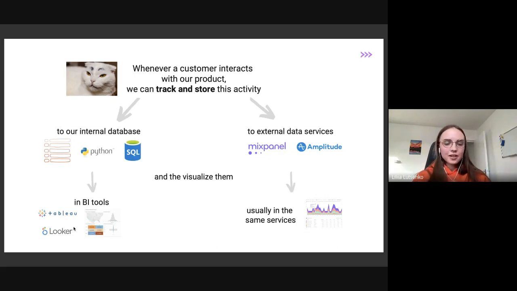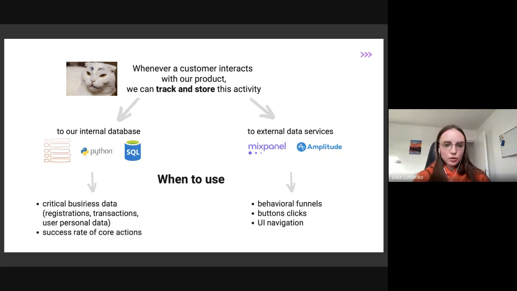This is interesting, but when do we actually use these two things? When we are talking about an analytics system, it really depends on the stage of a company. From my practice, when companies are small, have launched, achieved positive margins with unit economics, and are interested in product analytics, they connect external data services to understand how their users are using the product.